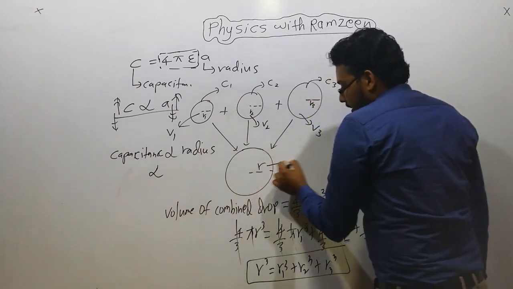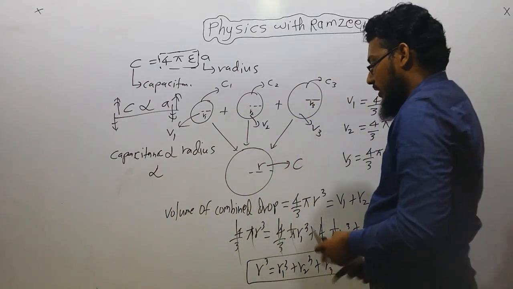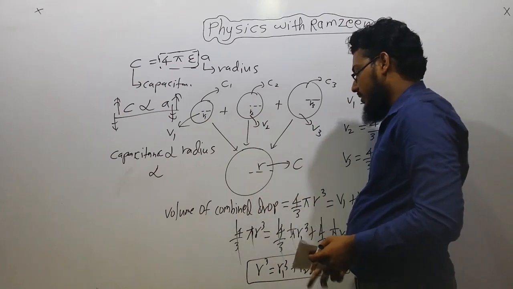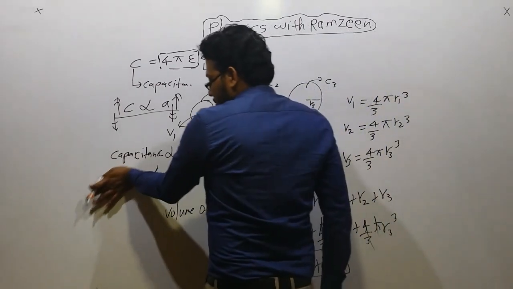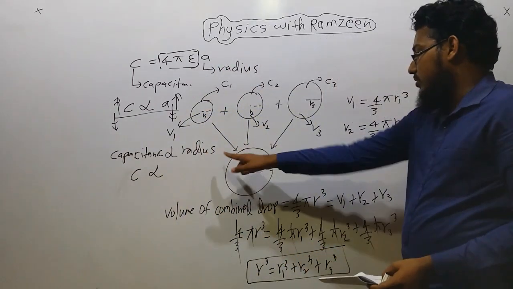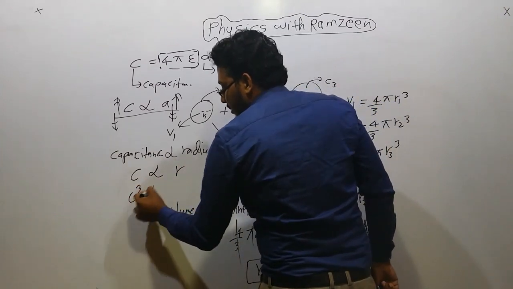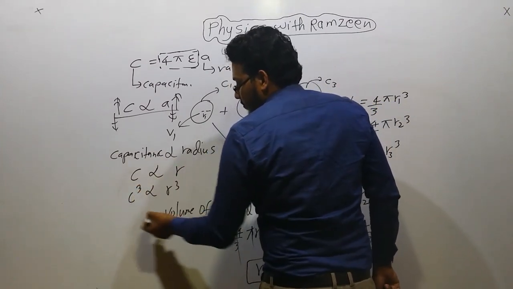I choose that the overall drop capacitance is C, and the radius of the spherical shape is R. Then I can say C cube is proportional to R cube.